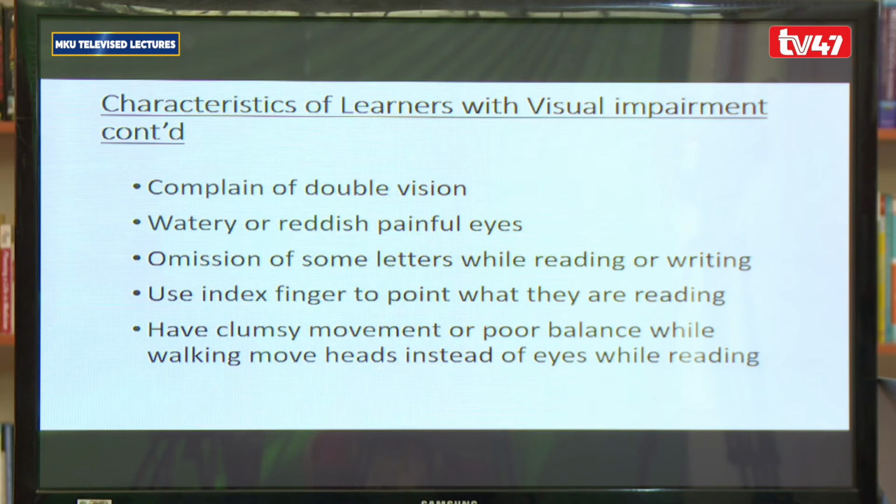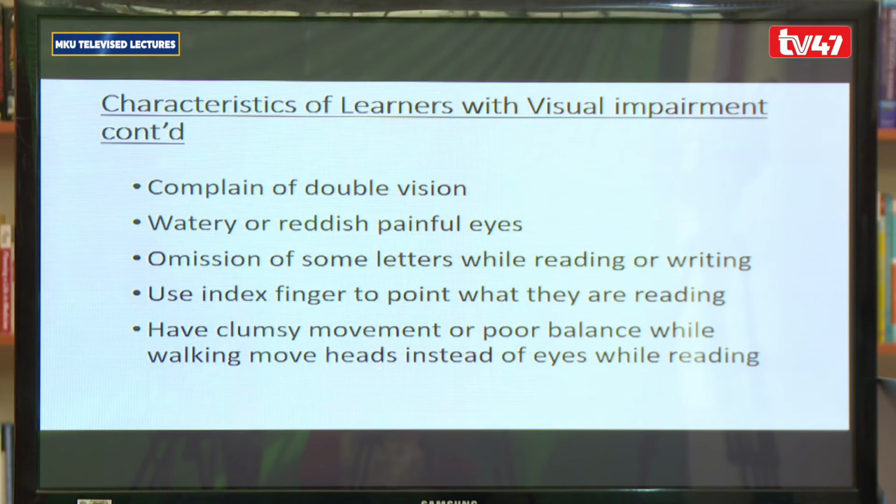Watery or reddish painful eyes is another indication. You see a learner in class whose eyes are ever watery and they are reddish, it means they need assistance. Omission of some letters while reading or writing. That they are not writing some of the letters is an indication that they are not able to see well and therefore they're just writing what they are able to see.